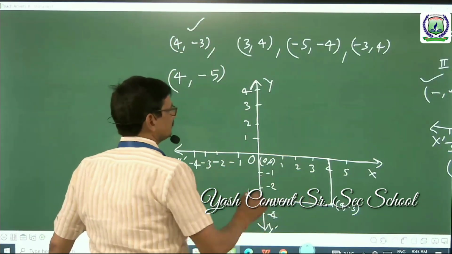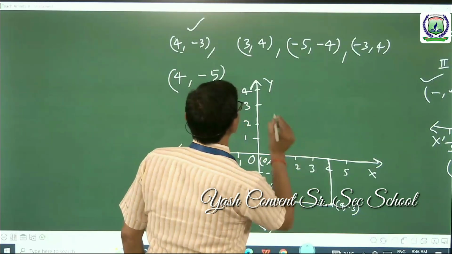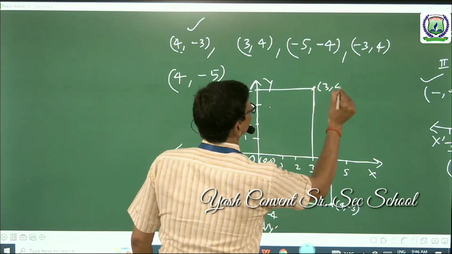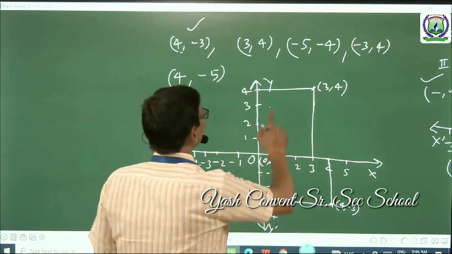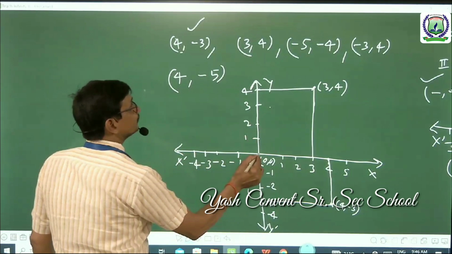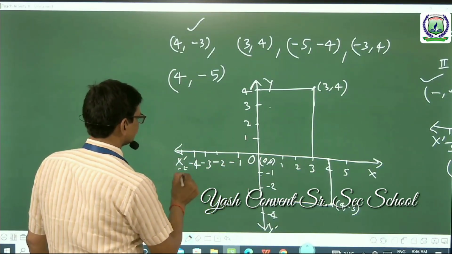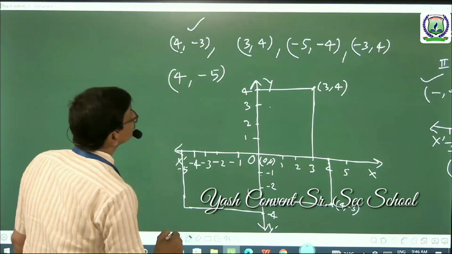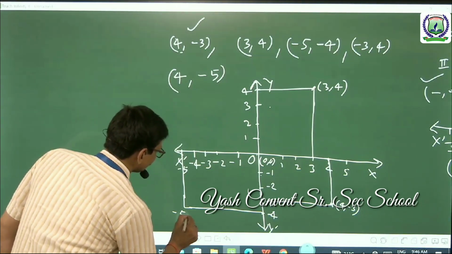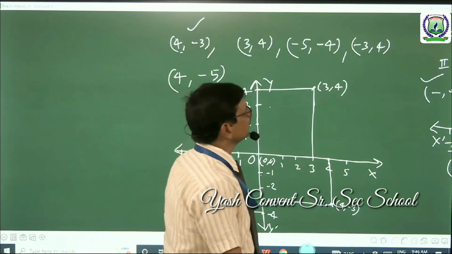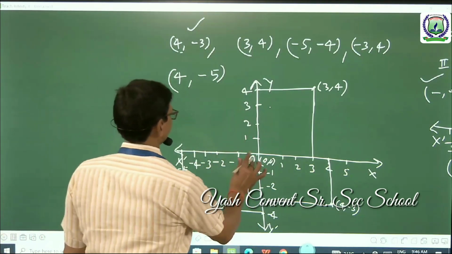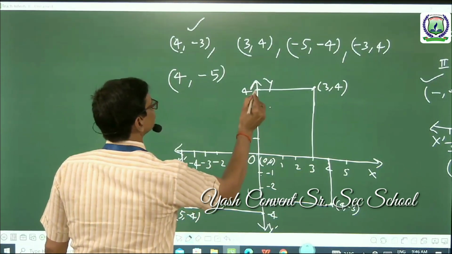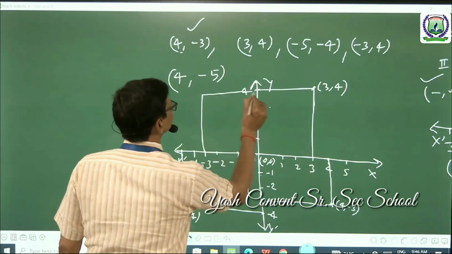Now the second point, (3, 4), both positive. We take the perpendicular distances. Now (-5, -4): this point lies in the third quadrant. Now (-3, 4): -3 on this axis and 4 on this axis, then the perpendicular distances give this point.